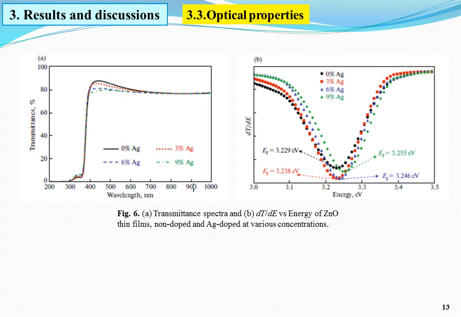With increasing silver concentration from 3 to 9%, a decrease in average transmittance from 80.2 to 78%, and a blue shift in the direct optical band gap from 3.238 to 3.255 electron volts have been observed.